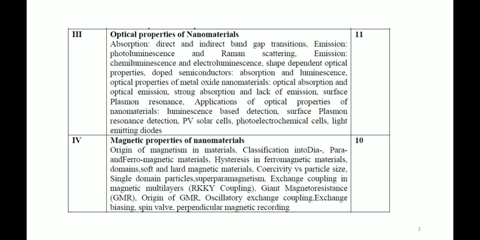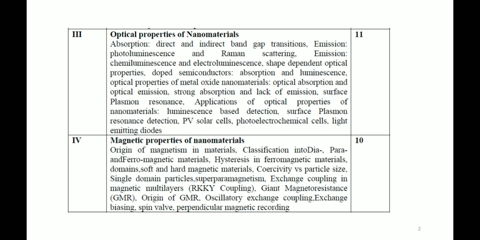Then a very important effect we are going to learn in this chapter is giant magnetoresistance, GMR. And then what is the origin of GMR, and additional coupling effects like oscillatory exchange coupling, exchange biasing, spin valve, and perpendicular magnetic recording.